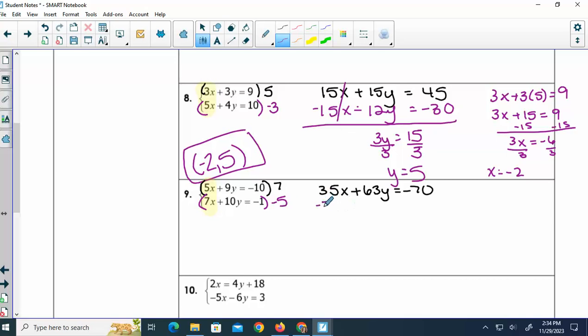So we have a negative 35x minus 50y equals 5. So x's cancel. Negative 5.